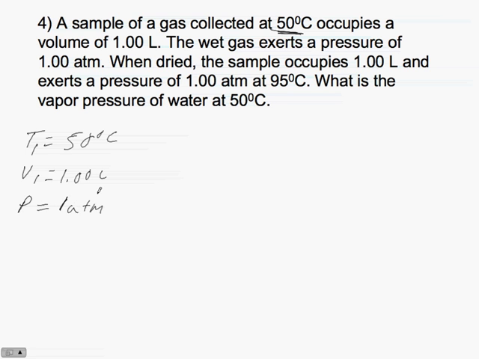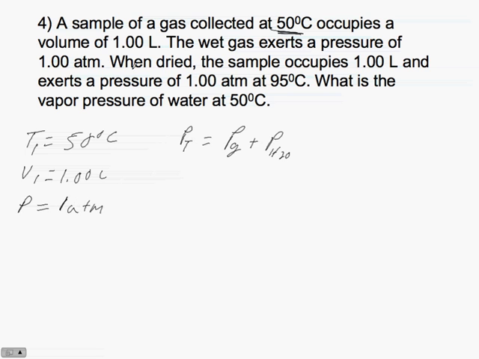And it's wet, which means that we have to take into account the total pressure, which is going to be equal to the pressure of the gas plus the pressure of the water. So the total pressure will be equal to 1 atmosphere, which is equal to the pressure of the gas plus the pressure of the H2O, water.